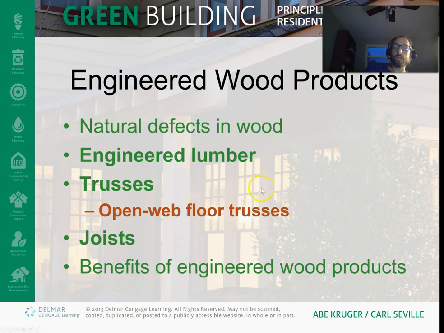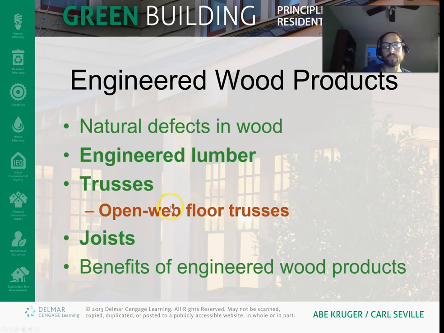And there are some different building components that aren't natural, like just regular wood studs. So we have engineered lumber, which has different types, but basically you can really specifically design these so they're basically perfect dimensions and so forth, as opposed to taking a larger tree and milling it down.